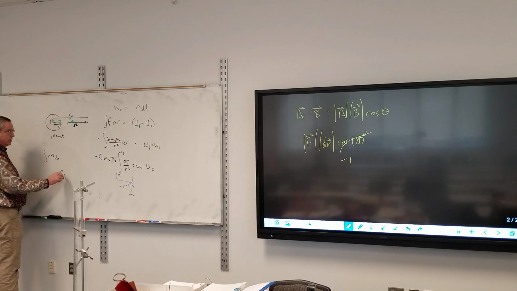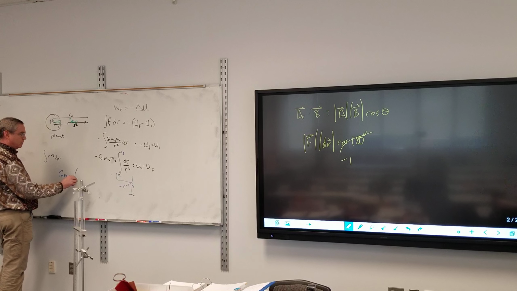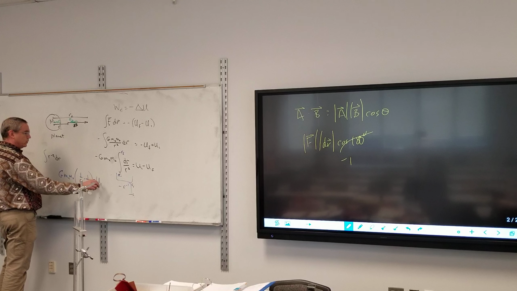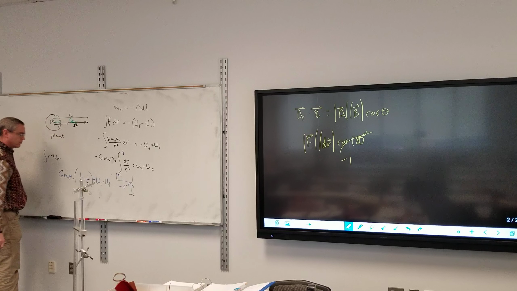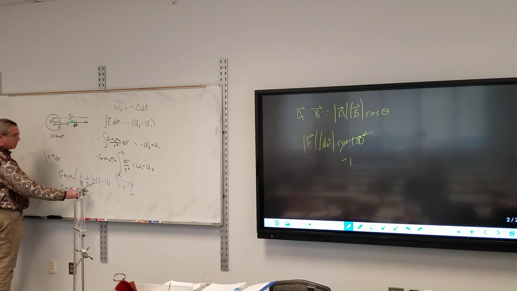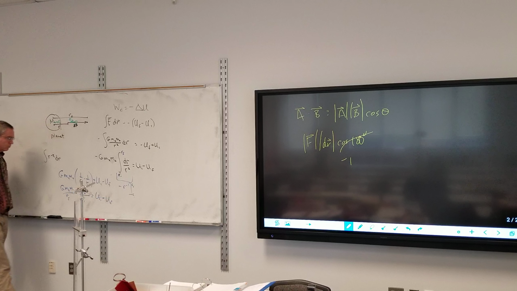So I'm left with big G MXMO times 1 over R final minus 1 over R initial equals U initial minus U final. Distributing, I get GMXMO over R final minus GMXMO over R initial. And I have not screwed up a minus sign.